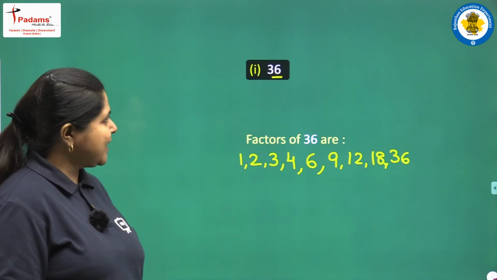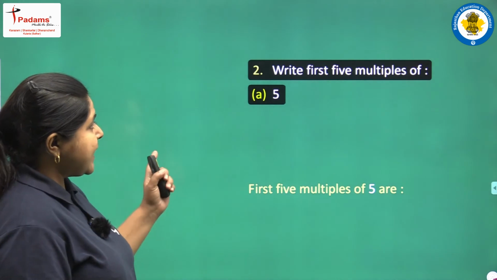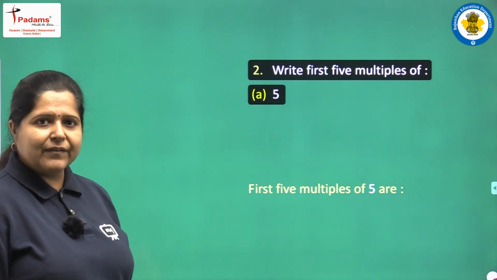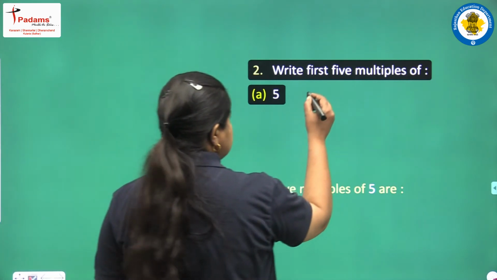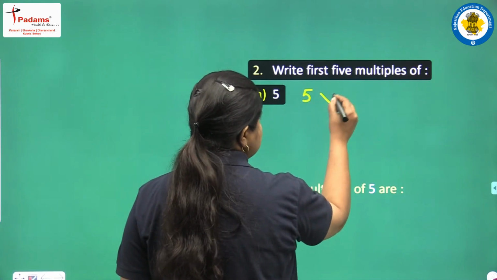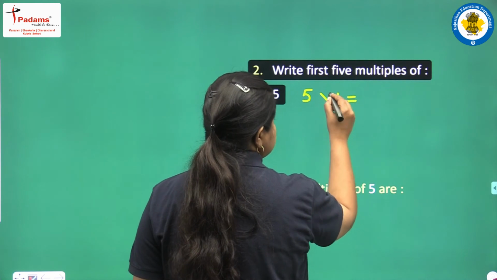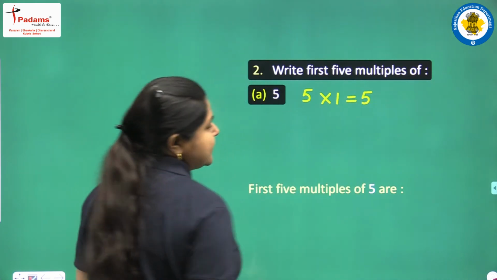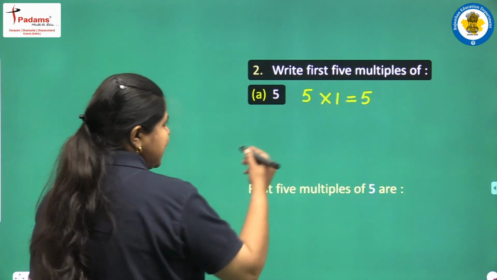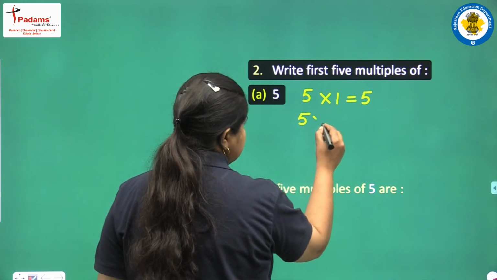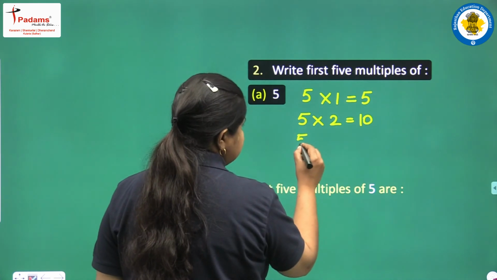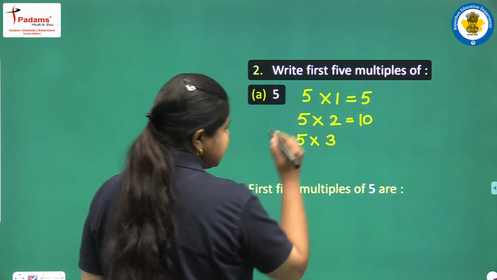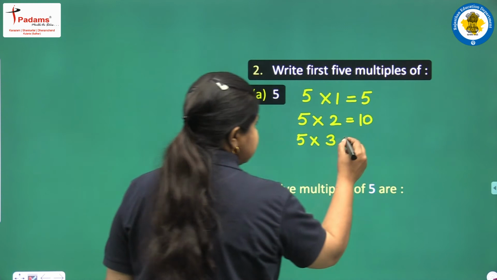Now we have the second question which says write first 5 multiples of 5. So we will write the table of 5 in fact. The first multiple of 5 will be 5 into 1 which is equal to 5. Then we will get the second multiple, multiplying 5 by 2, it's 10. Then we will get the third multiple by multiplying 5 by 3, it's 15.